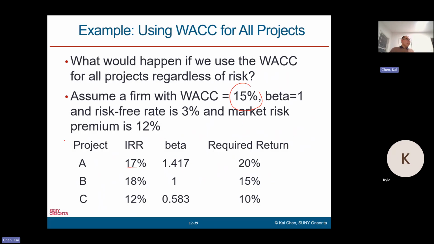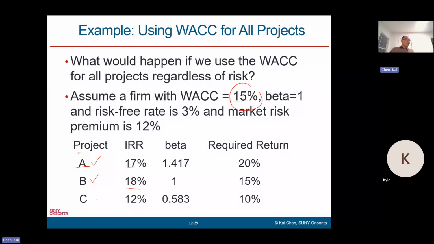For project A, IRR is 17%. It is greater than 15%. Then in this case, we accept this project, right? Now let's look at project B. Project B's IRR is 18%. It is greater than WACC. Of course, we accept it.